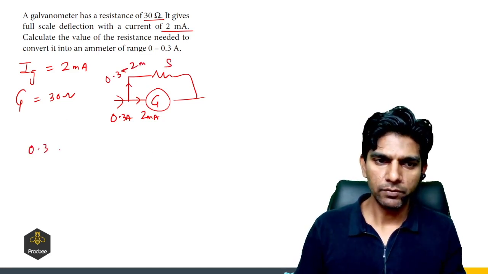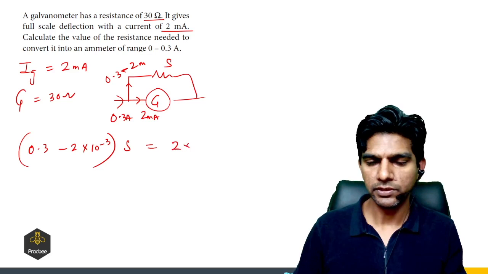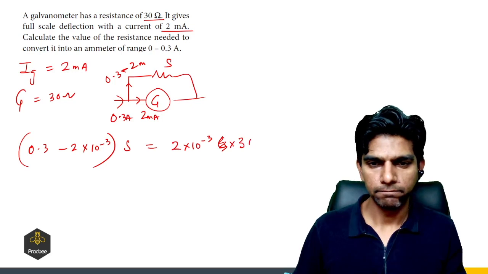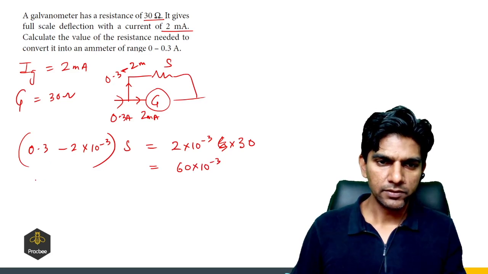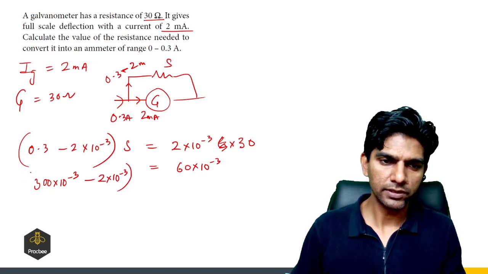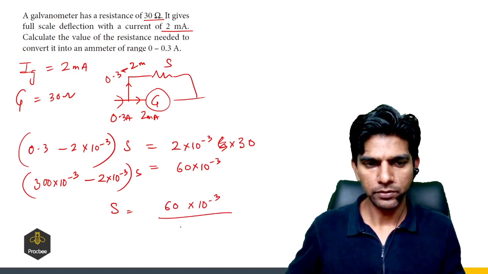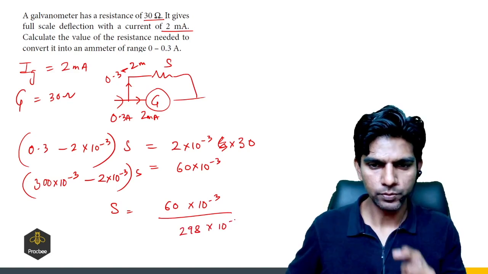So (0.3 minus 2 into 10 raised to minus 3) times S should be equal to 2 into 10 raised to minus 3 times G, and G is given as 30. So the right side will be 60 times 10 raised to minus 3, and the left side is (300 times 10 raised to minus 3 minus 2 into 10 raised to minus 3) times S. So the shunt will be 60 into 10 raised to minus 3 upon 298 times 10 raised to minus 3.